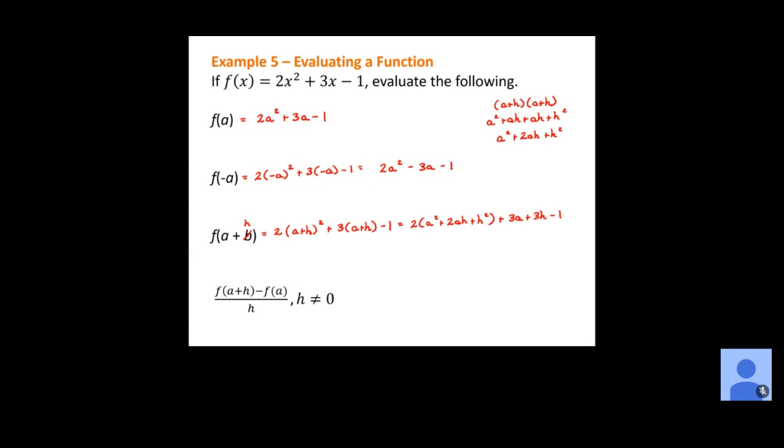Okay, now the next thing we can do is we can distribute the 2 into that set of parentheses there. So we're going to have 2a squared plus 2 times 2ah is 4ah. 2 times h squared is 2h squared. We have our plus 3a plus 3h and our minus 1.